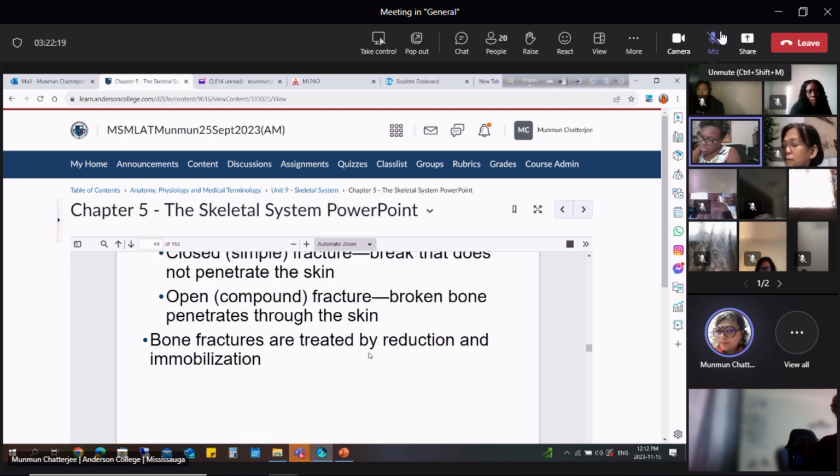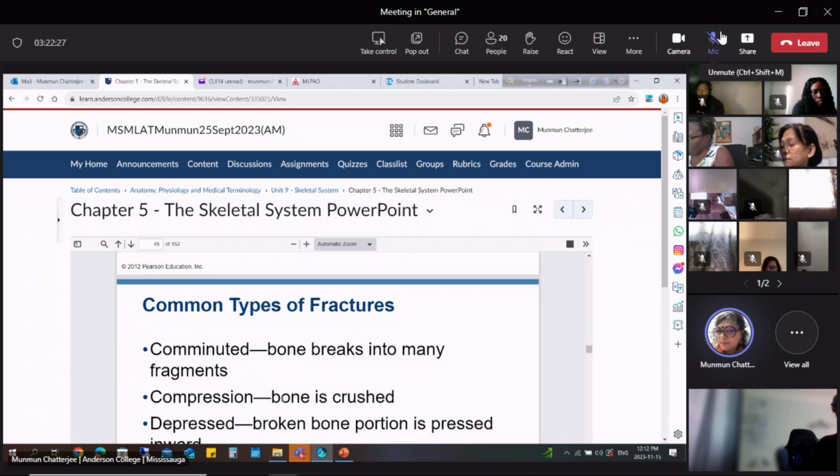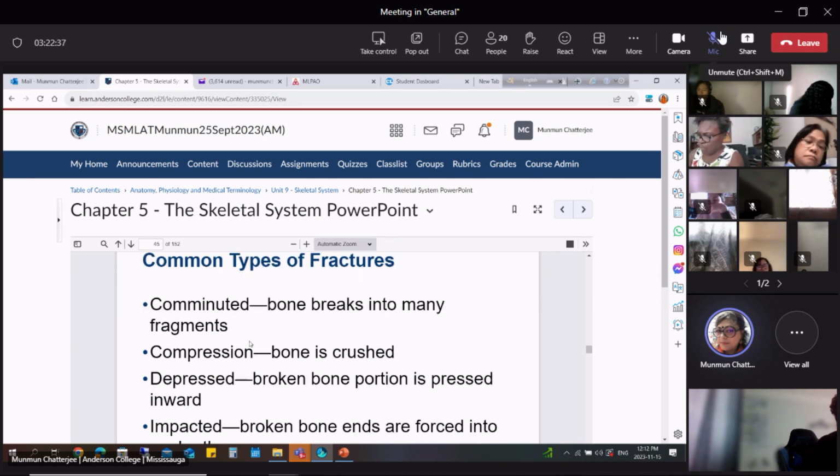So, bone fractures are treated by reduction and immobilization, doing the plastering and so on. Now, there are a couple of different names for the types of bone fractures. This is important. Comminuted, this comes often.